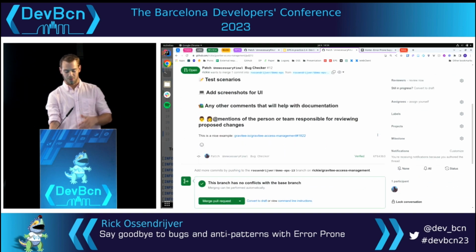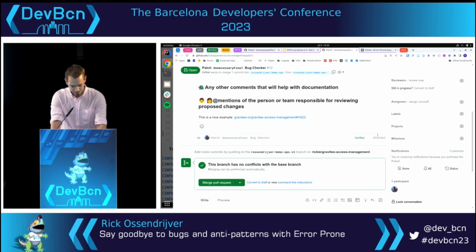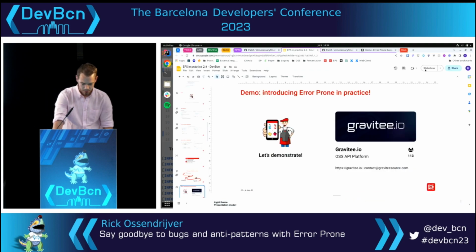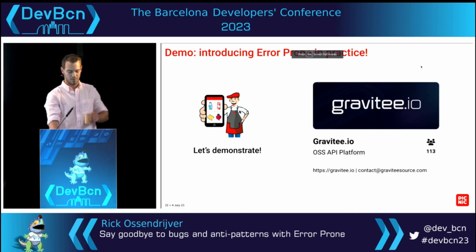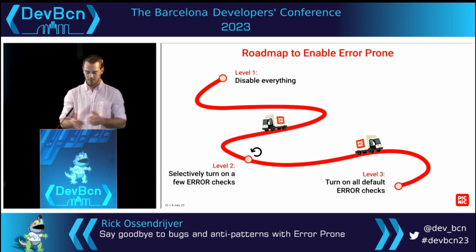And then we need to repeat this process quite a few times to enable all the bug patterns. Just to briefly repeat, we started at the baseline and we went from level 1 to level 2.